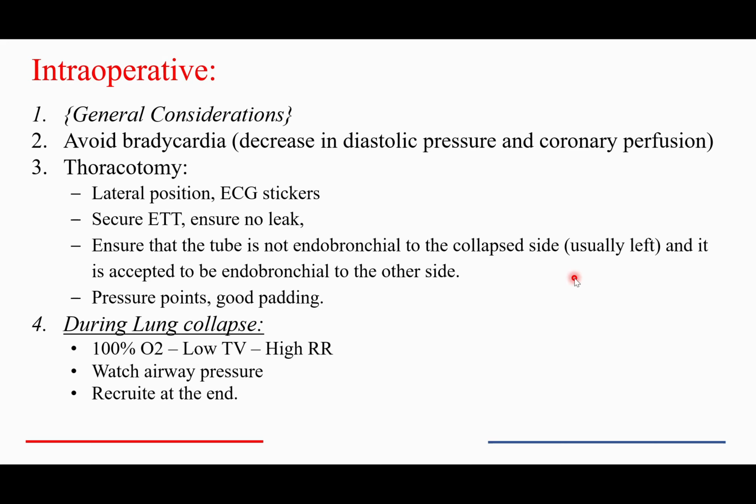And if the tube is endobronchial to the other side, that is the dependent side, which is usually the right, this is acceptable, because during the operation one lung is ventilated and the other is collapsed. Pressure points and good padding. During lung collapse, we use 100% oxygen, low tidal volume, high respiratory rate. We monitor the airway pressure, and we recruit at the end to inflate the previously collapsed lung.